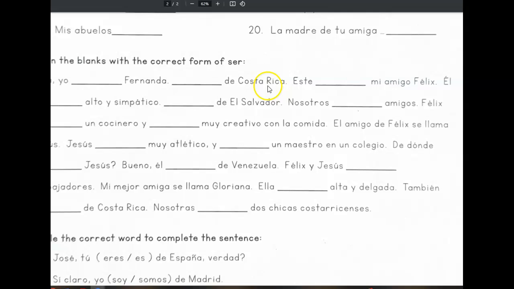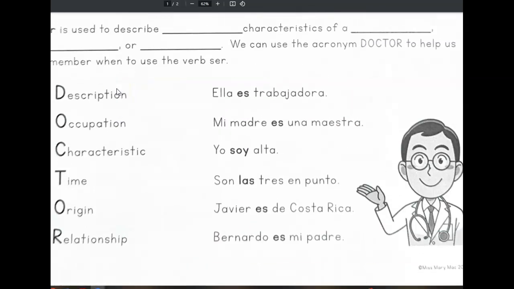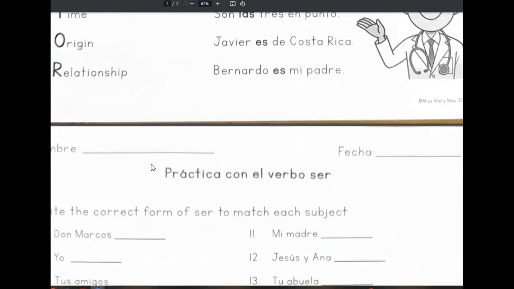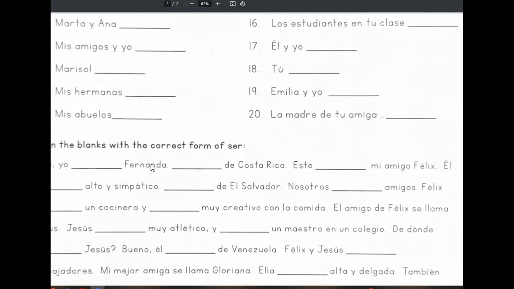I am from Costa Rica. Este es mi amigo Felix. This is my friend Felix. Mi amigo is singular. Es. Él es alto y simpático, es de El Salvador.